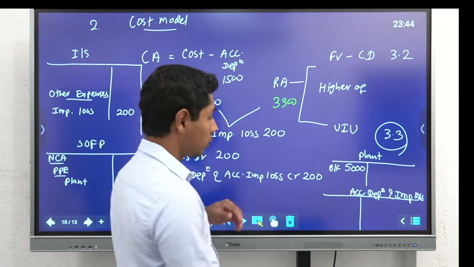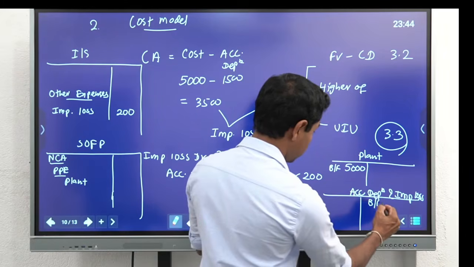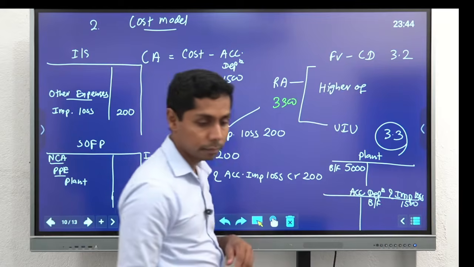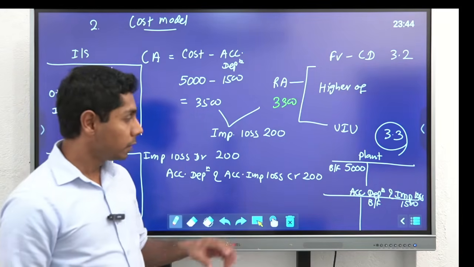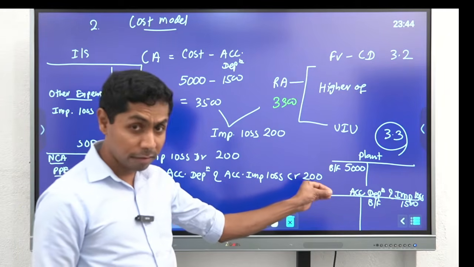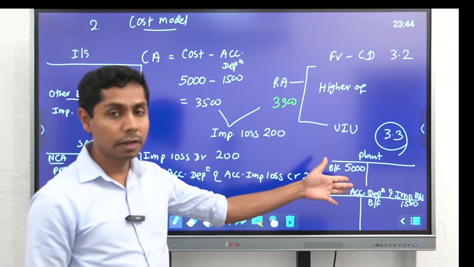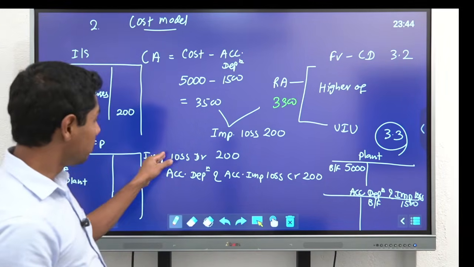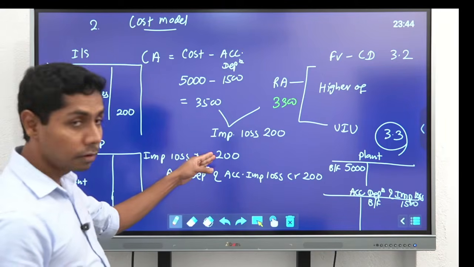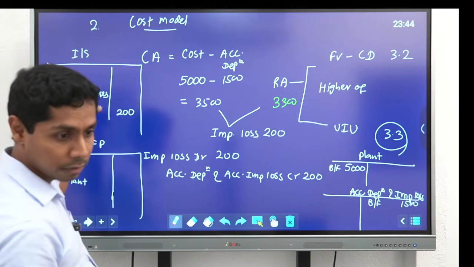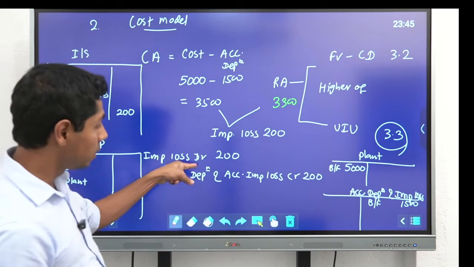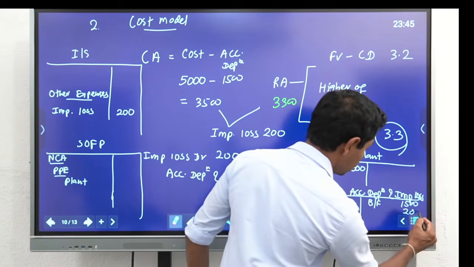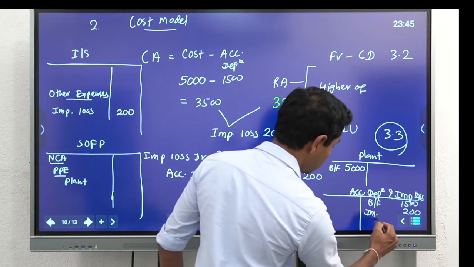Accumulated depreciation has a balance of 1,500. Now we rename the accumulated depreciation account as accumulated depreciation and accumulated impairment loss, combining these two together. Now we recorded the impairment loss of 200, impairment loss account debit, that is an expense, so it went to other expenses. Accumulated depreciation and accumulated impairment loss account credit. So this account is credited by another 200, which came from the impairment loss.